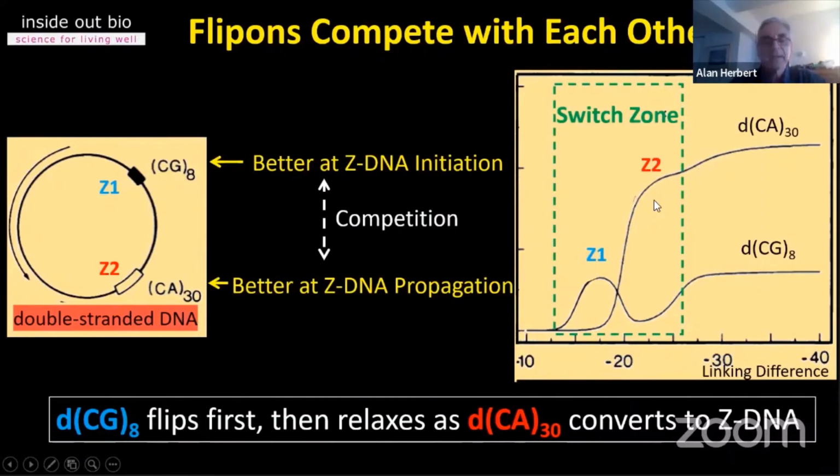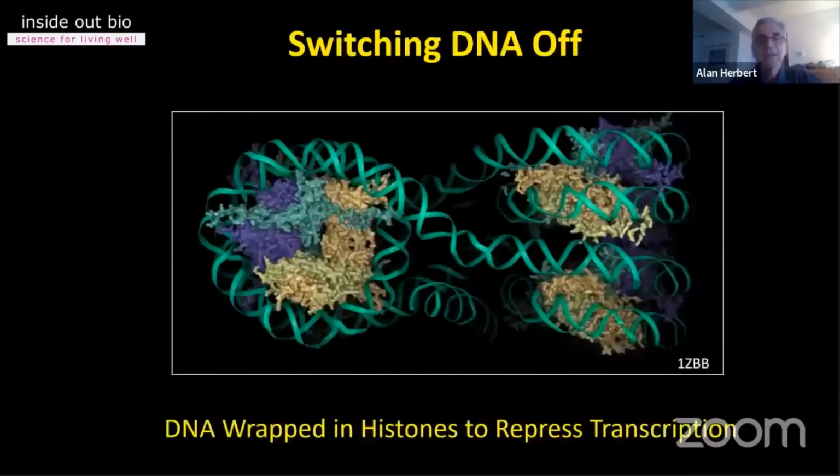So it's not only a theoretical possibility, but you can actually look at this in gels and demonstrate that these two different Z forming sequences compete with each other to form zDNA, and that you can switch zDNA from one to the other just by changing the amount of super helical density in this particular closed circular plasmid. So that's an example of a topological switch.